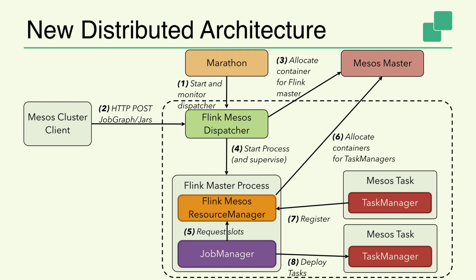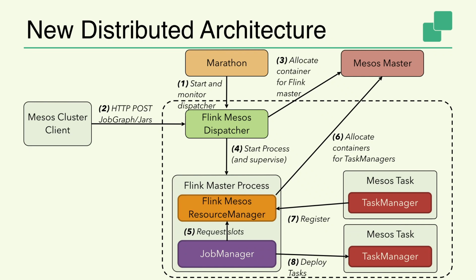You will send it a job graph, the job which you want to start. Then the Mesos dispatcher will talk to the Mesos master to allocate a new container or a Mesos task, starting the Flink master process. Additionally, the Flink Mesos dispatcher will monitor the Flink master process and is responsible for restarting it in case of a failure. This makes the Flink master process highly available.